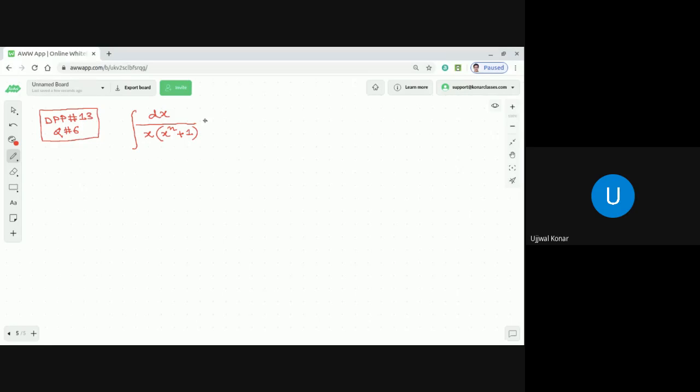So this is now coming as integration x to the power n minus 1 dx divided by x into x to the power n minus 1 into x to the power n plus 1. Correct or not?